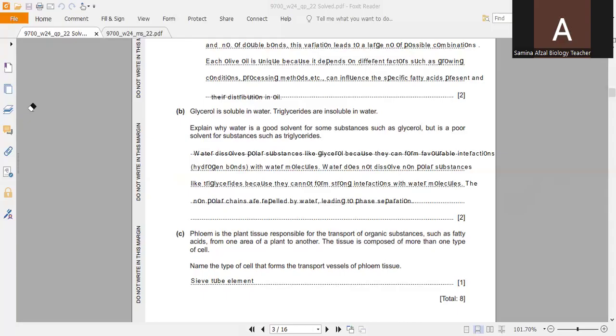The phloem tissues are tube-like structures. They are called sieve tube elements. So the answer is sieve tube element.